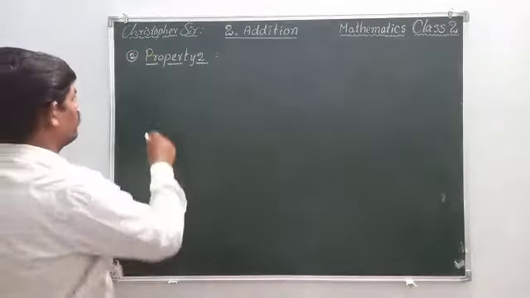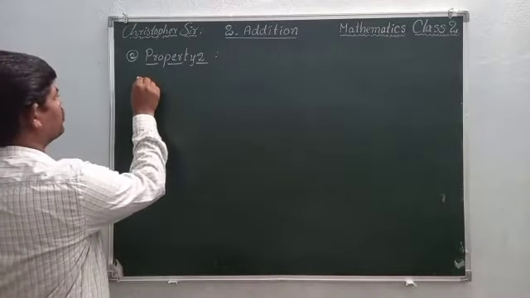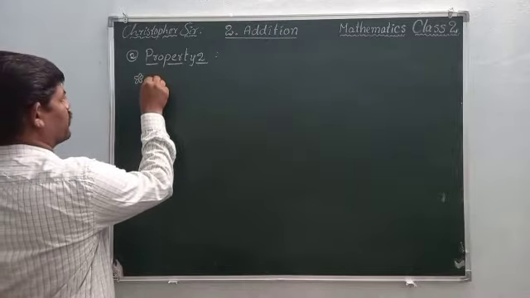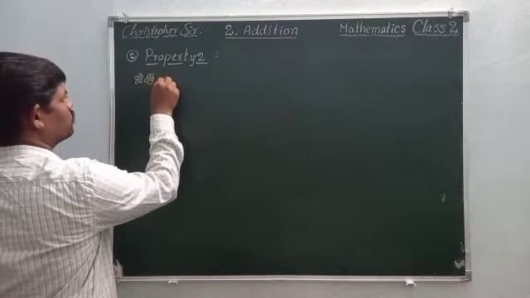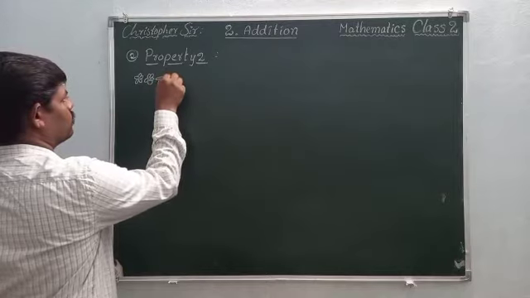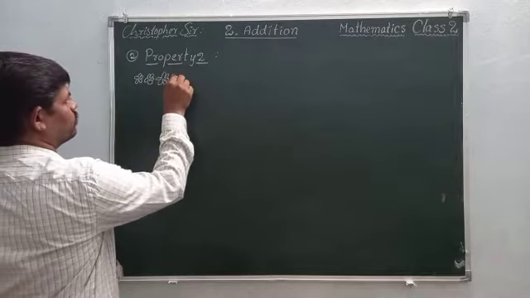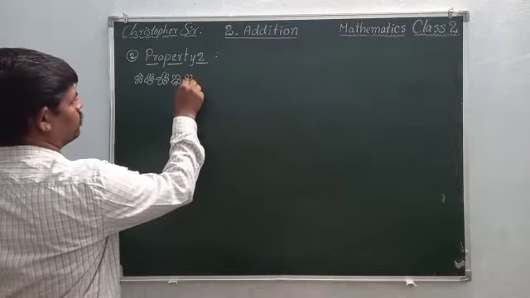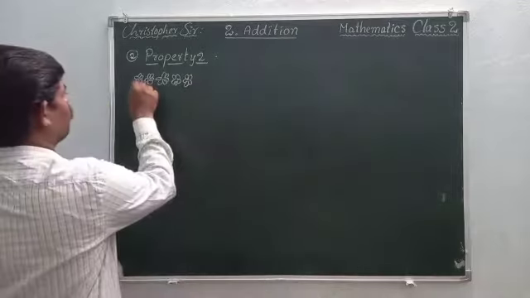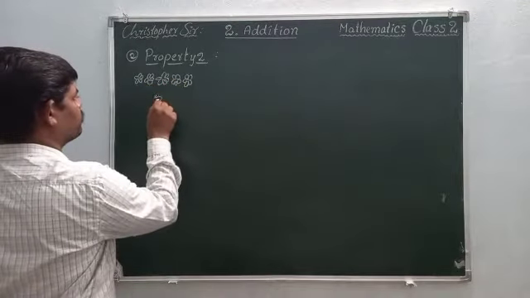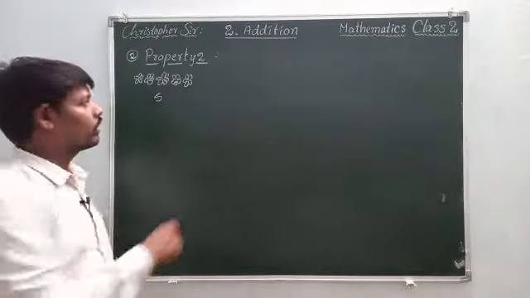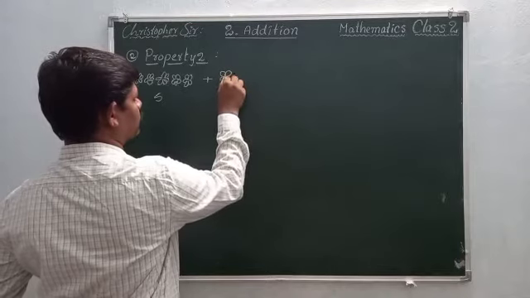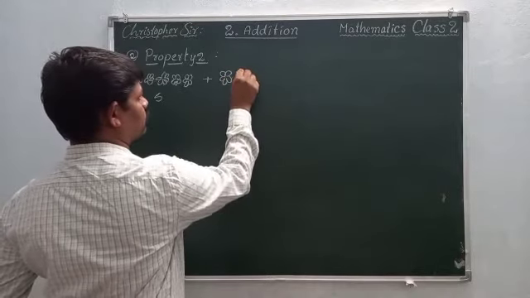Property 2. So here let us take some flowers. Here we have 5 flowers. One, two, three, four, 5. Plus here let us take 2 flowers.